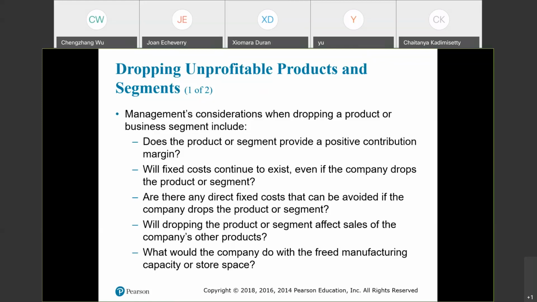So once again, we follow the two guidelines for short-term decisions. First, we focus on only relevant data. Second, we use a contribution margin approach so that the variable cost can be separated from fixed cost.